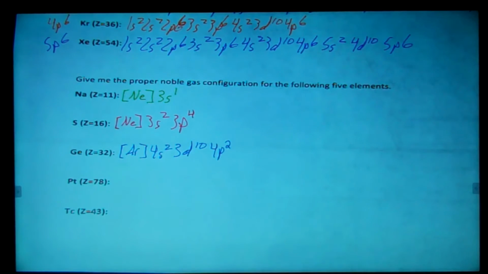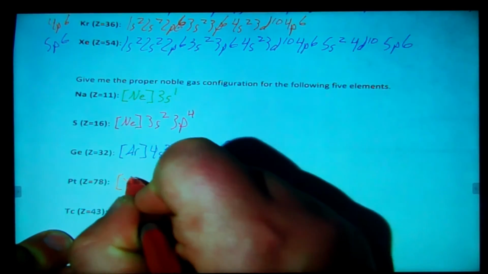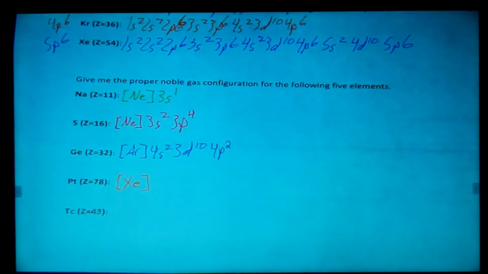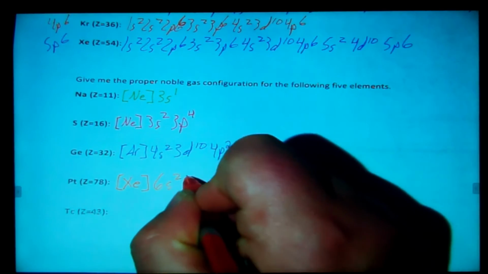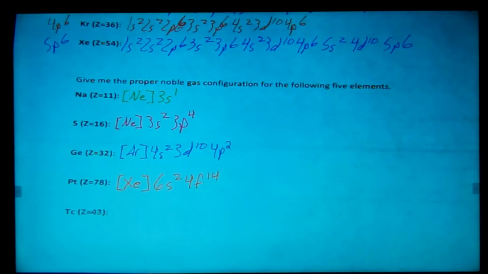Alright, let's do platinum. Ooh, platinum's a good one. Put your finger on it, go up, all the way to the end. Xenon, so Xe. So do Xe, now change, so I'm in the 6th row, so 6s2. 4f14. Don't forget that f block.